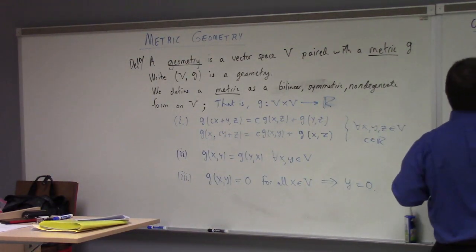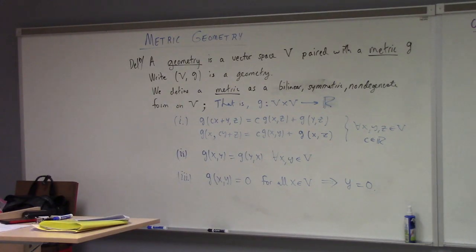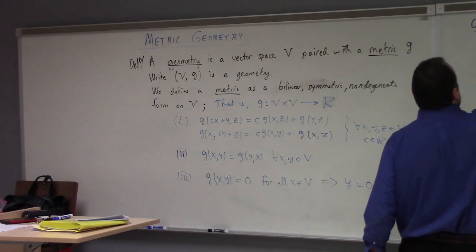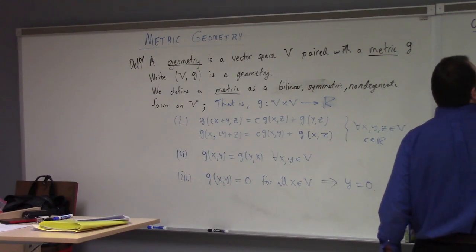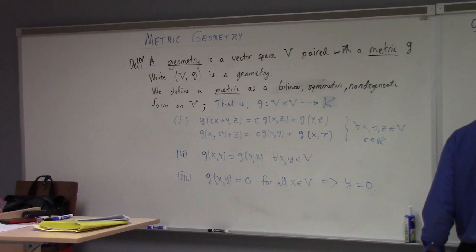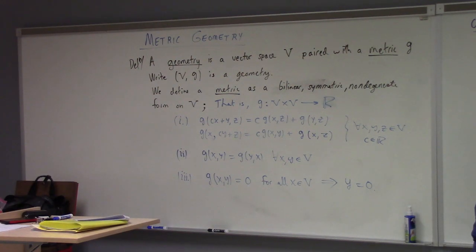Inner product is a metric, right? Inner product on V over the reals is a metric, right? So usually I would say something like this: V paired with a real inner product is an example of a Euclidean space.